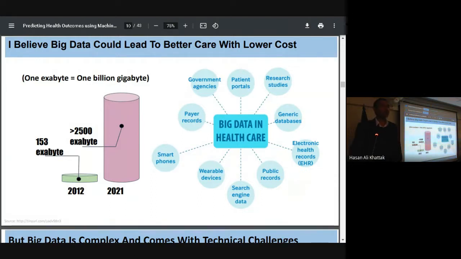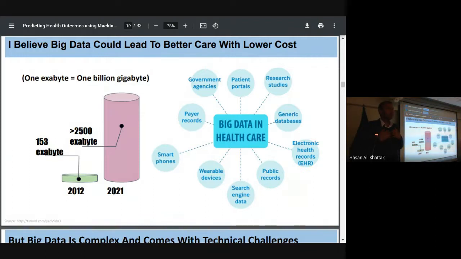And when we talk about big data in healthcare, just to give you an idea of how exponentially the data is growing in the healthcare sector, if you see the chart on your left side, in 2012 we had around 153 zettabytes of data, which is now more than 2,500 zettabytes, and growing. And by the way, 1 zettabyte of data is equal to 1 billion gigabytes. So it's a lot of data.